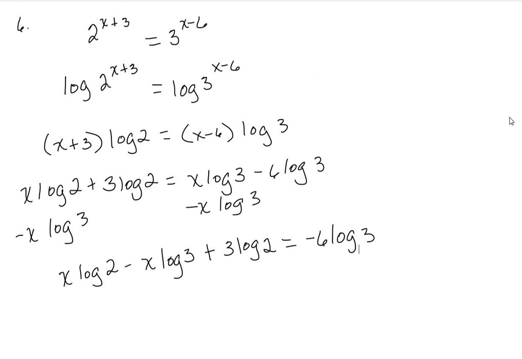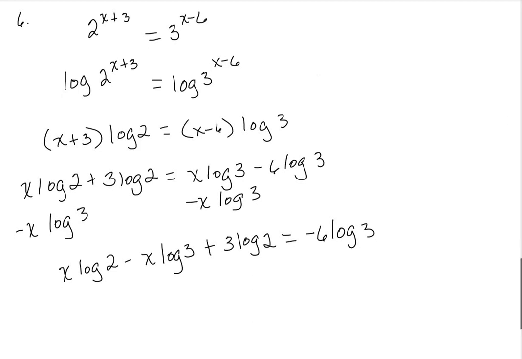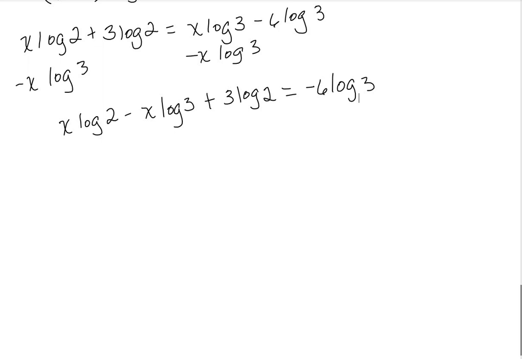Now I need to get this constant of 3 log 2 over on the right-hand side. So I'm going to subtract that. And I'm going to do sort of 2 steps in one. This is going to cancel, and I'm going to go ahead and factor an x out of these 2 terms.